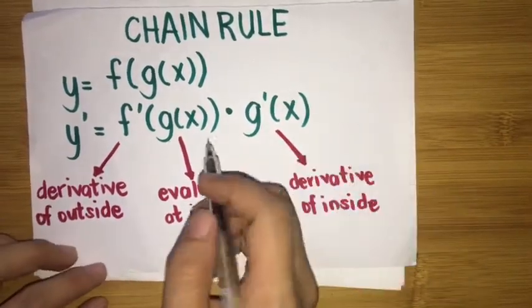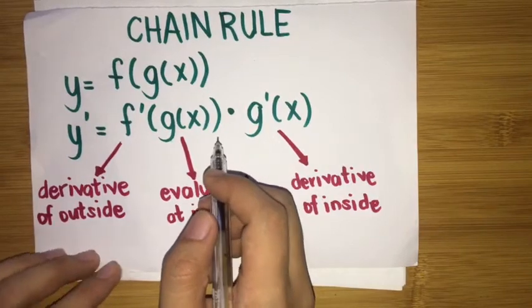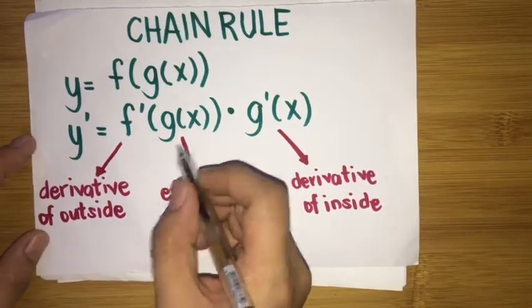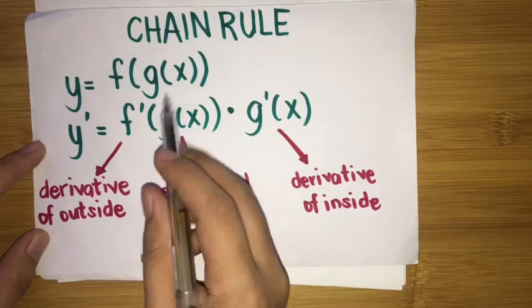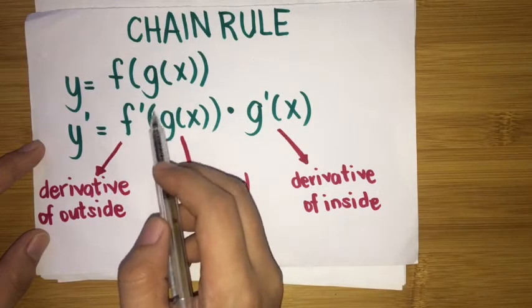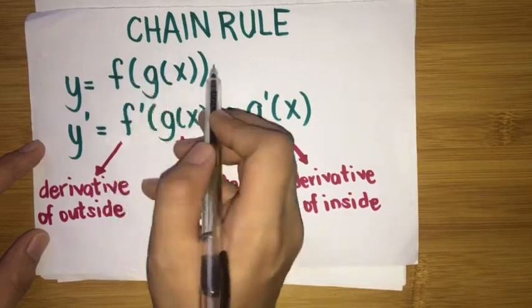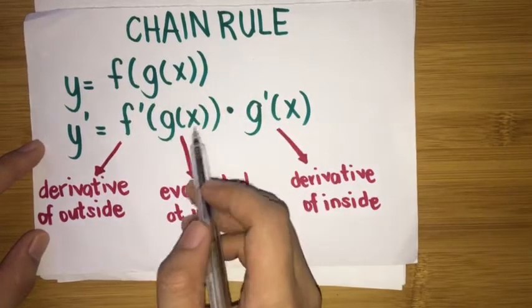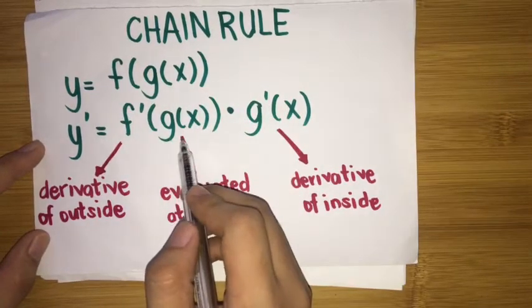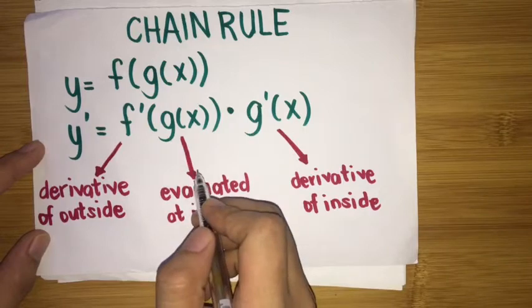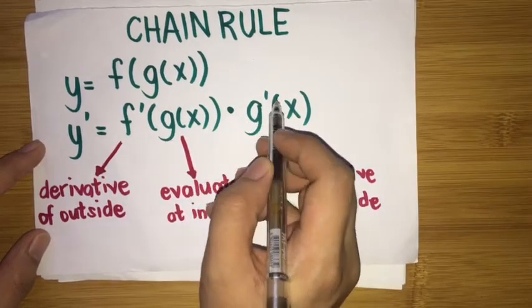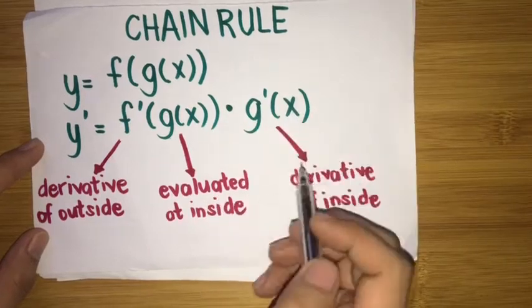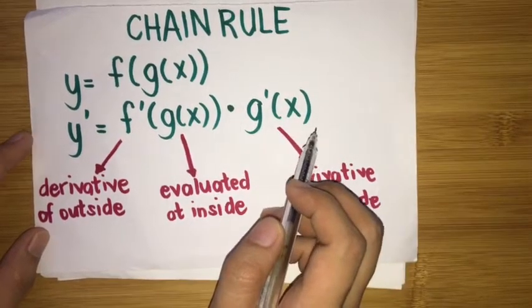So, basically, iisipin nyo yung chain rule ay hanapin natin yung derivative ng outside function, which is in this case f of x, at evaluate natin to sa inside function g of x. And then, multiply natin sa derivative ng inside function g of x.